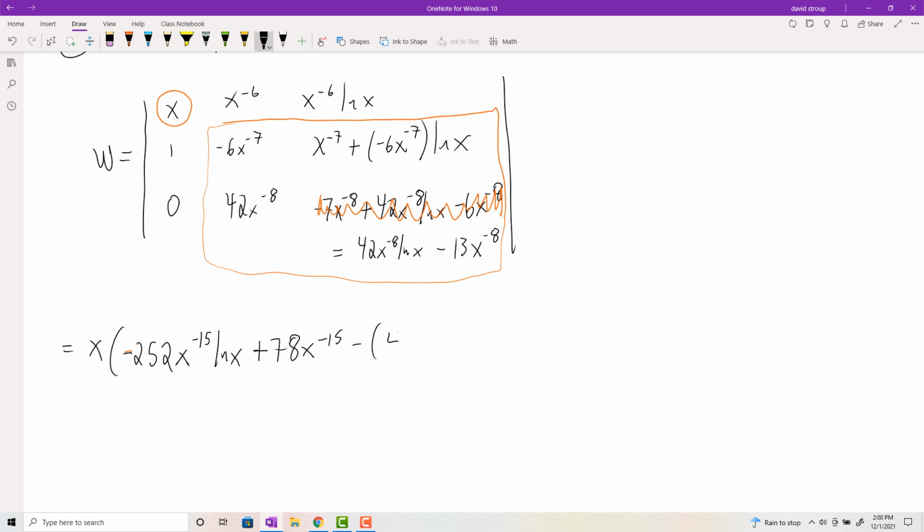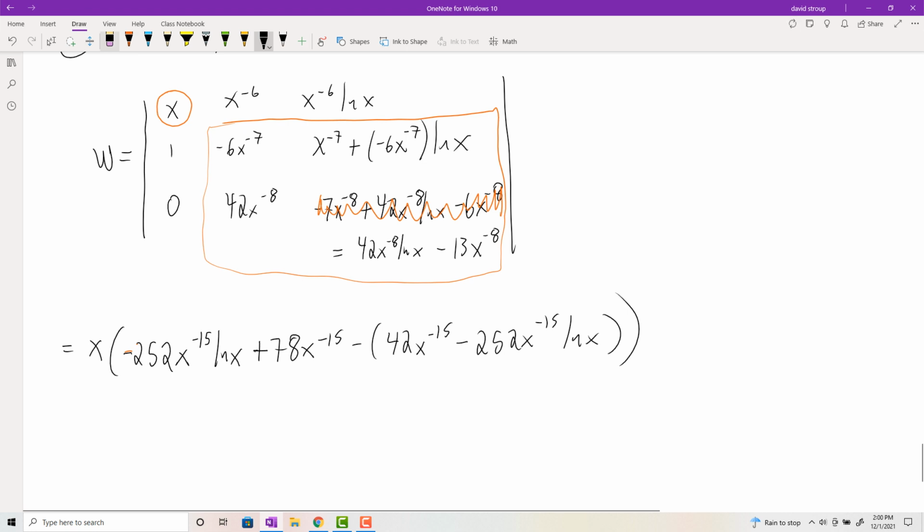So you'd have 42x to the negative 15. And then minus 42 times 6, right, is another 252. But yeah, so minus 252 x to the negative 15 ln x. Whew. Okay, that's the first term.